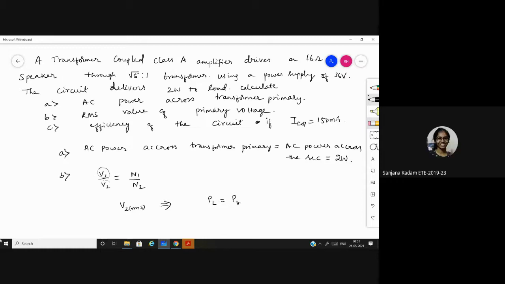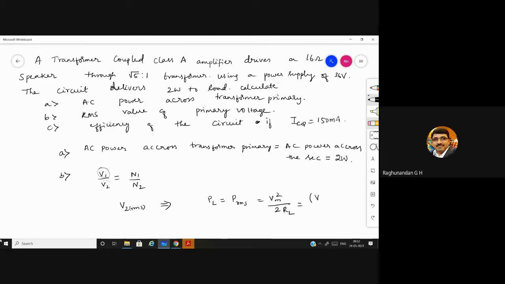AC, sir. AC only, obviously. So PRMS is equal to Vm square by 2 RL. So what is Vm in terms of VRMS? Vm by root 2, sir.